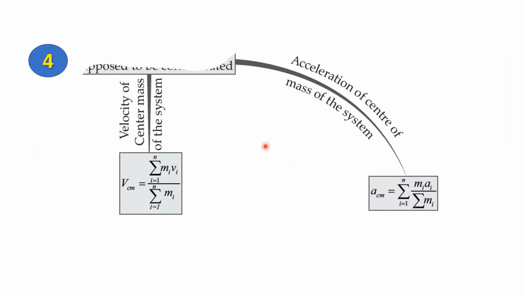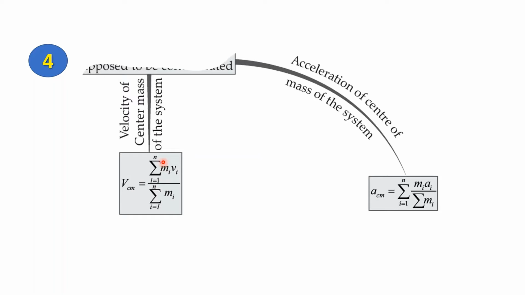Now, if you are thorough with the earlier formula, that is the position of center of mass of the system, if you memorize that formula, these 2 formulae are very easy. Now, instead of r, which is position, we multiply the mass of the object with its velocity. So that will give you velocity of center of mass.